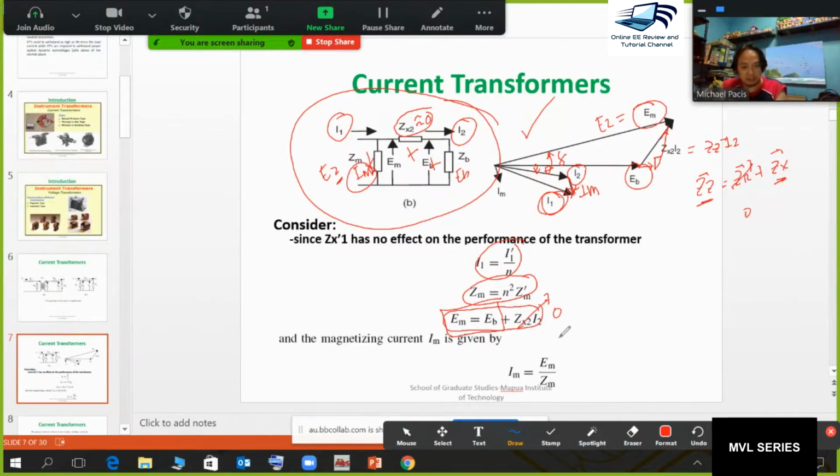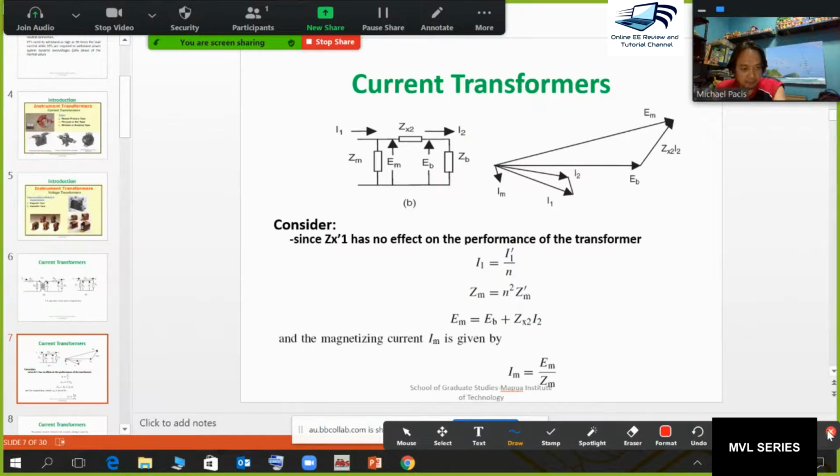And then the magnetizing current is dependent on EM over ZM, but EM can also be your secondary voltage, simply because if this is the terminal of the secondary side of the transformer, that is also equal to the magnetizing voltage at this portion here. Now we can clear all drawings, then move forward.